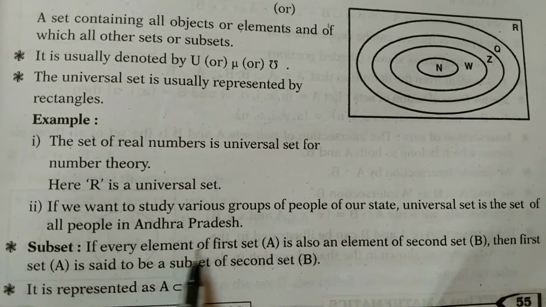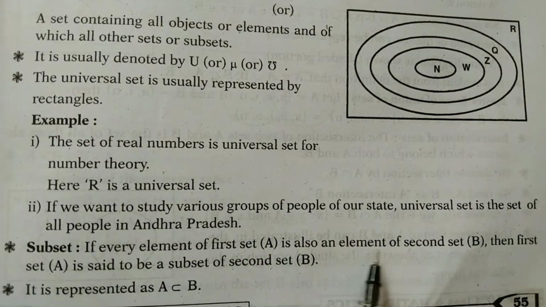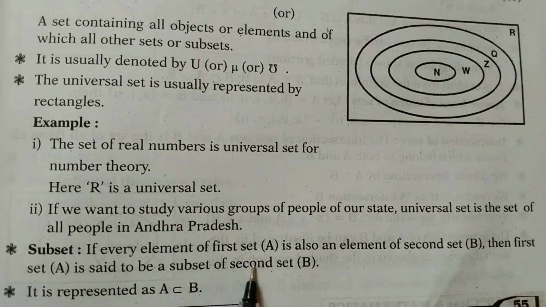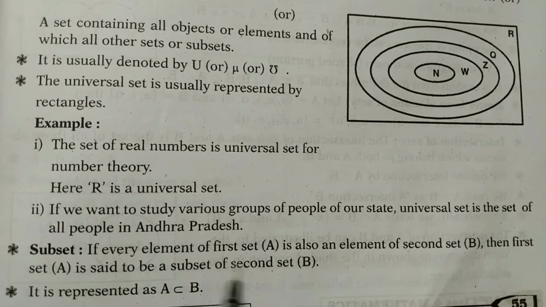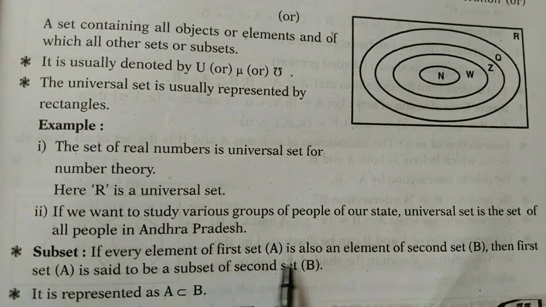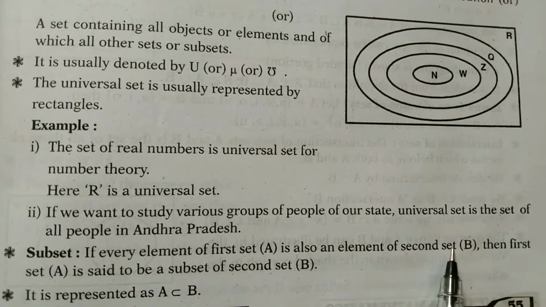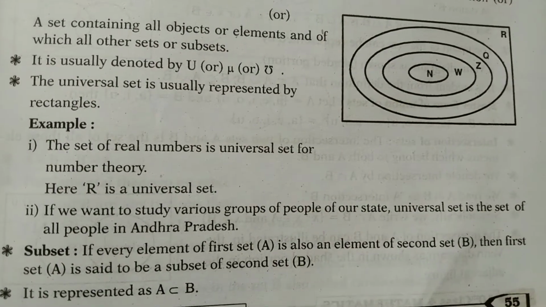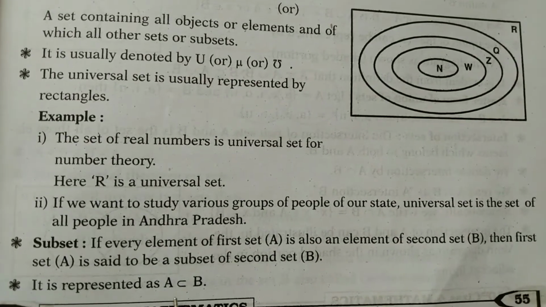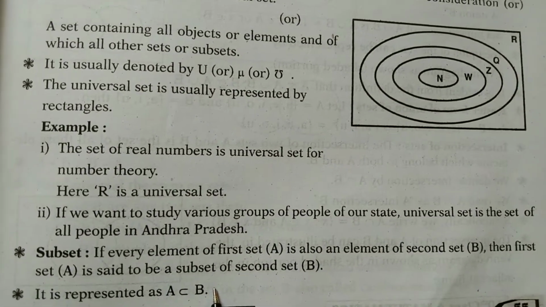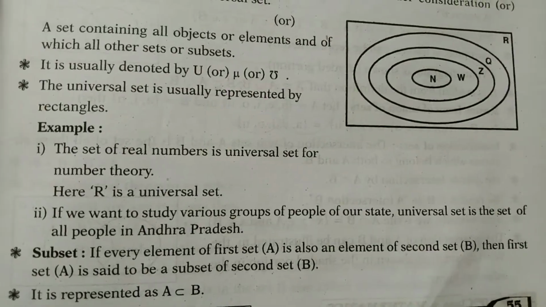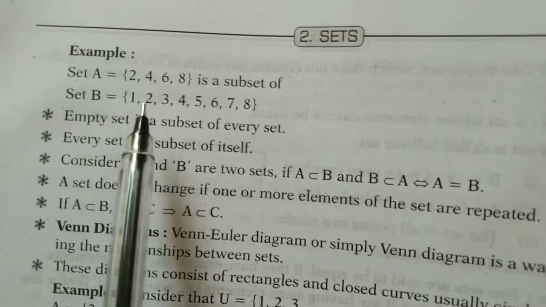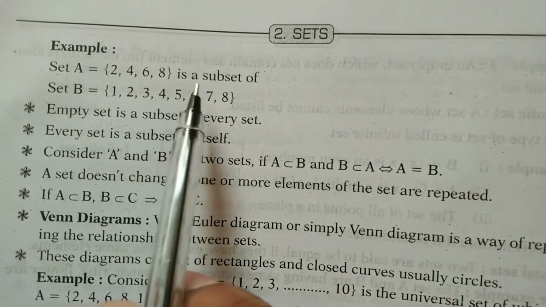Subset. If every element of first set A is also an element of second set B, then set A is called a subset of second set B. It is represented by A subset B. Okay, A subset B. For example, you see set A equal to 2, 4, 6, 8.